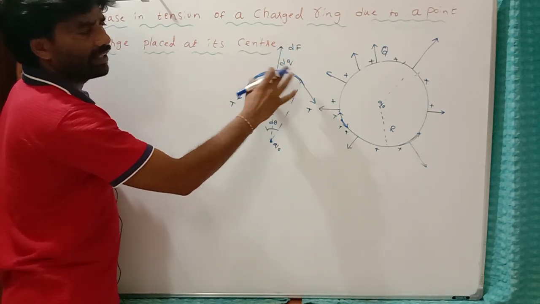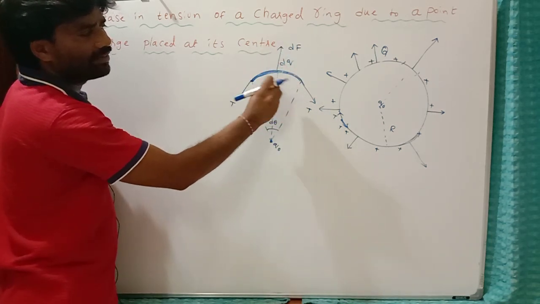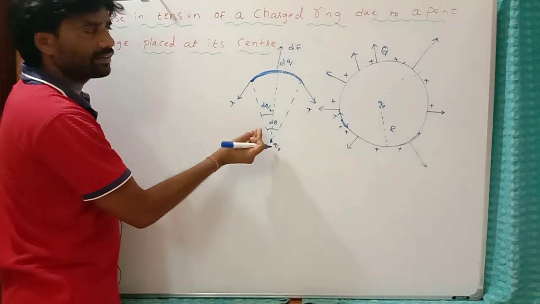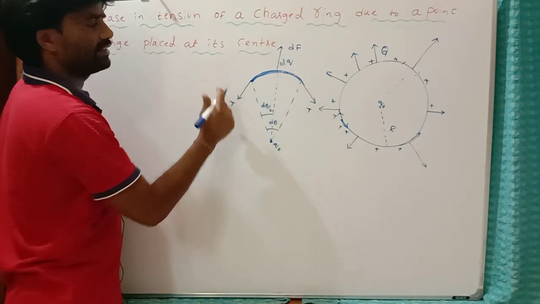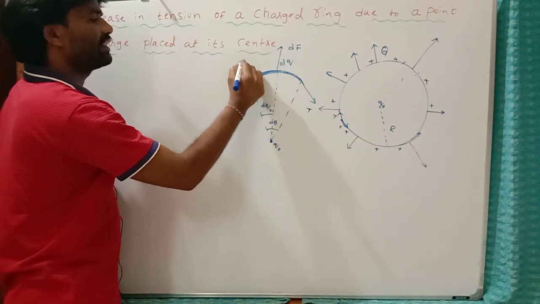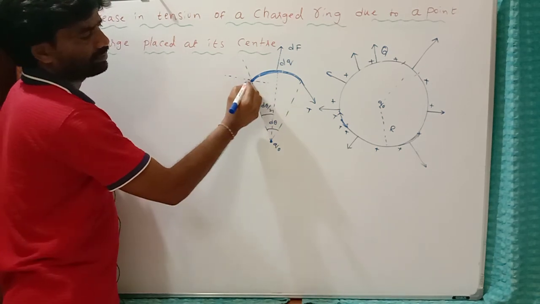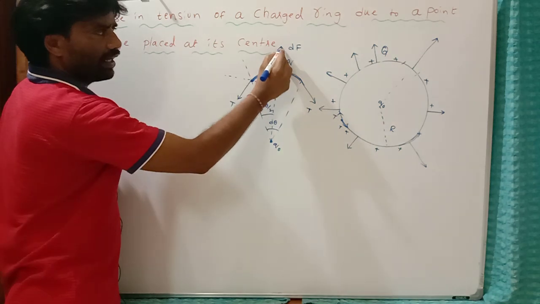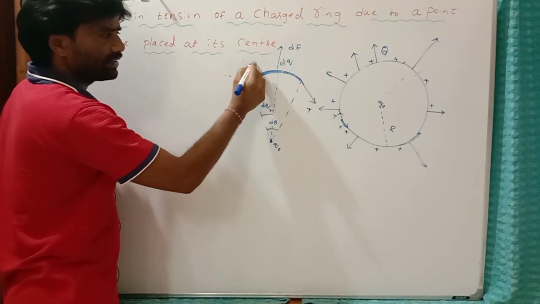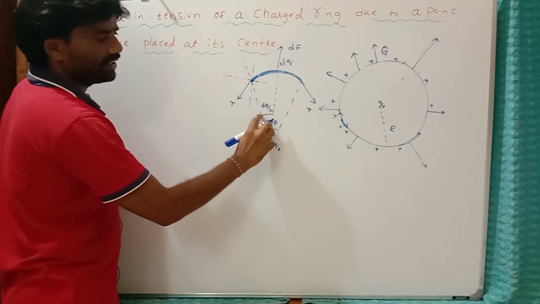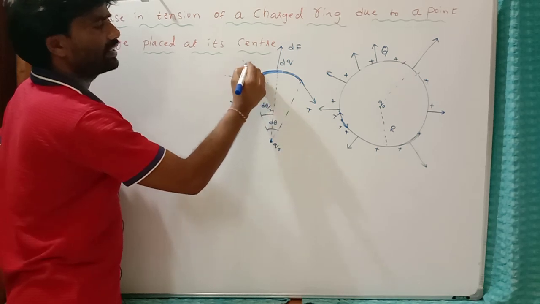This line divides the element into two equal parts. Now if I extend this line and draw a line parallel to this, if this is d theta by 2, this is also d theta by 2.